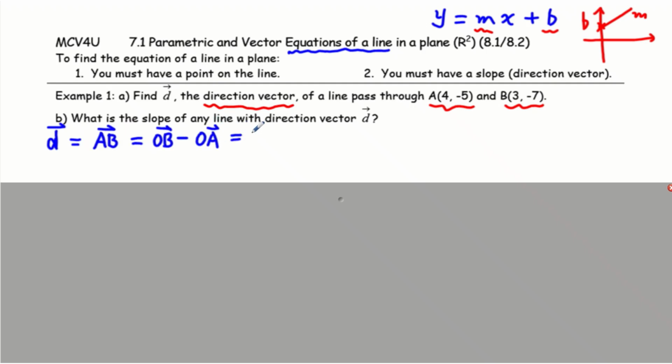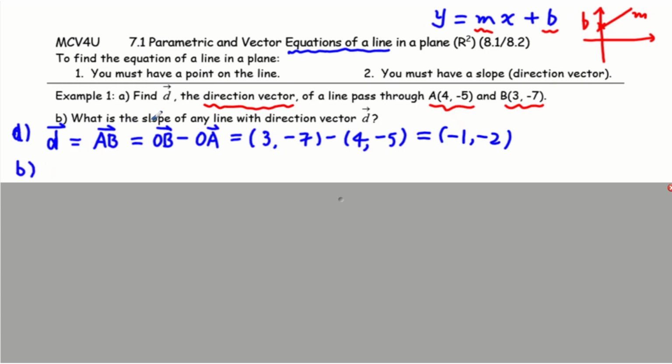So we have the second letter, 3, negative 7, take away the first letter, 4, negative 5. This is the vectors from origin to the point A. Then just subtract the x, subtract the y. Accordingly, we have negative 1 and negative 2. So this is a direction vector if a line passes through these 2 points.